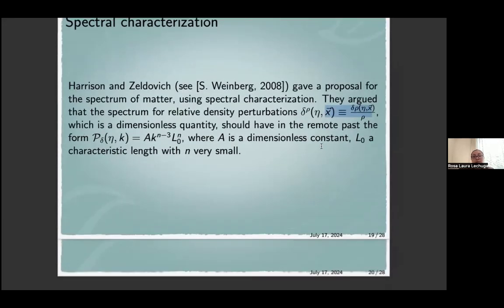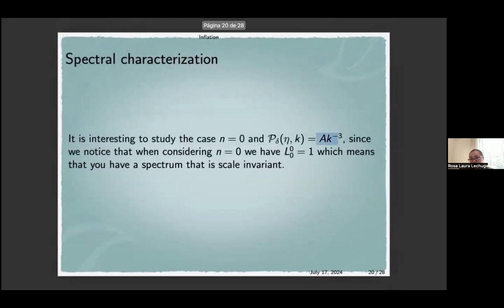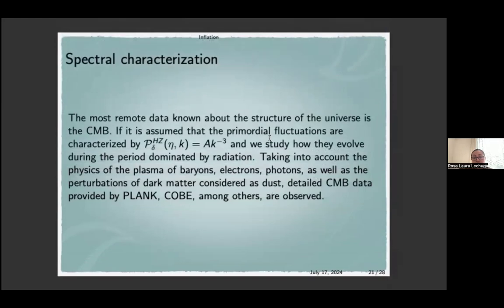So this spectrum could be thought of in terms of the density perturbations. And the people try to connect this power spectrum with the observations and try to study how the primordial fluctuations evolve. They thought in a period in which radiation was the primary component.